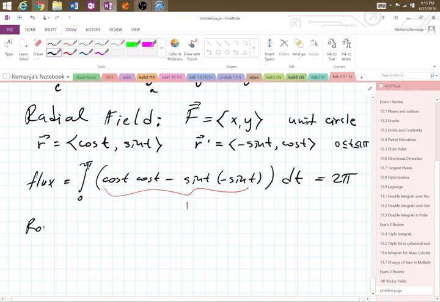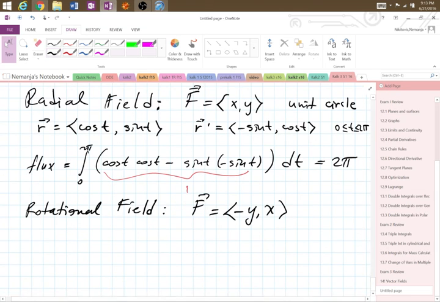Rotational? Negative y, x. Again, unit circle and all that stuff. So what do we have for flux? Again, 0 to 2 pi.